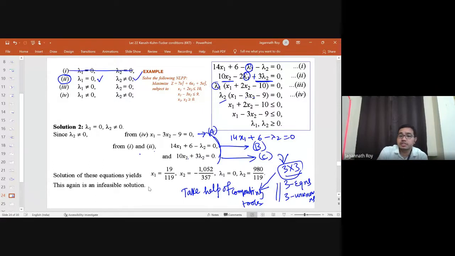But these equations are very important. You have to write these equations by hand, but for the solution step you can take help from the computing tools.